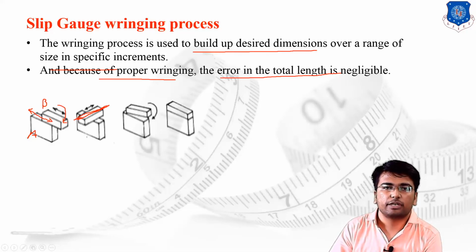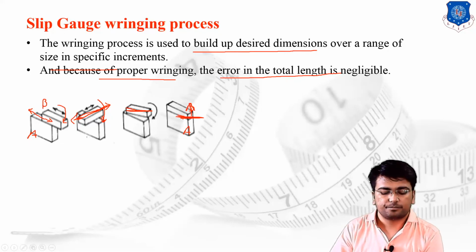Then we perform the same again. Once you feel some sort of magnetic property, once again you make a perpendicular rotation, and then slip gauge B and slip gauge A make a proper contact with each other. So this is the ringing process.